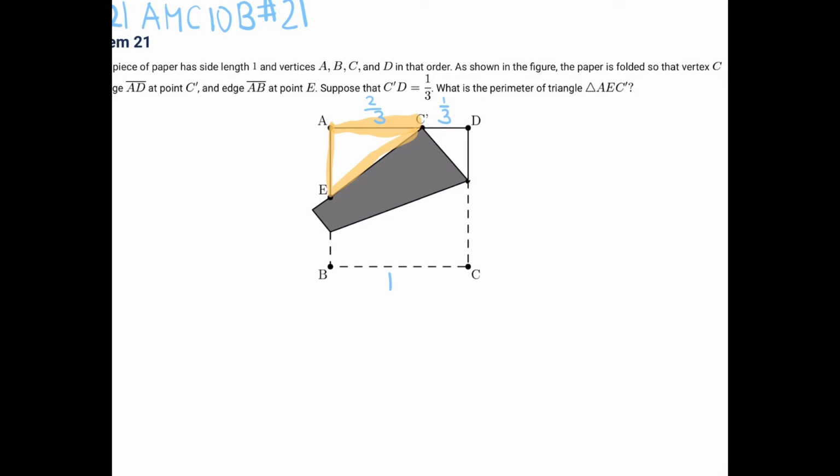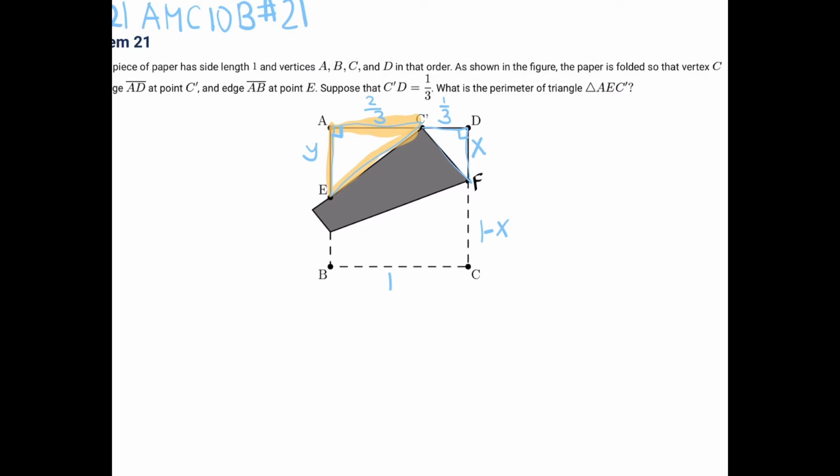Let's call this point F, and let's just call this X, we'll call this 1 minus X, we'll call this Y. So first thing we have to notice is that triangle AC prime E is actually similar to C prime DF. To show why, this is a right angle, this is a right angle.